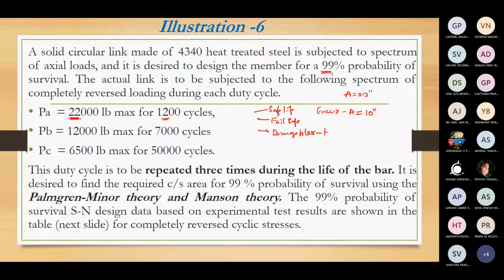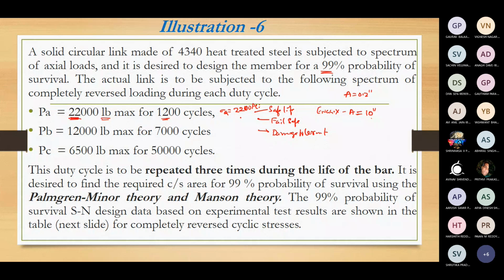The stress value sigma A would come as 22,000 pounds divided by 10, so 2200 PSI.